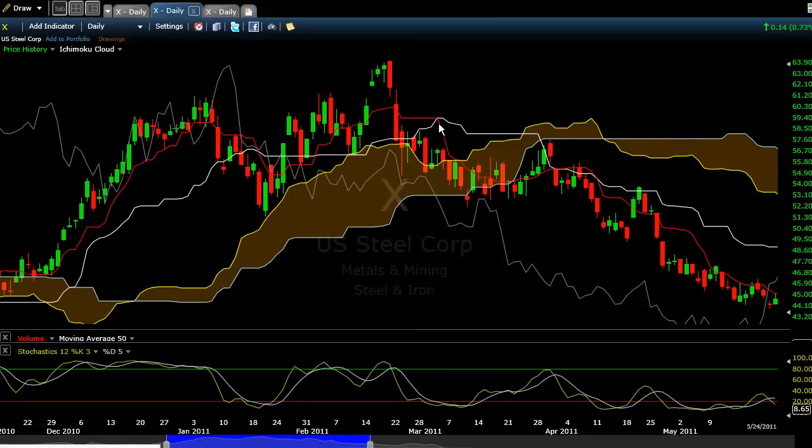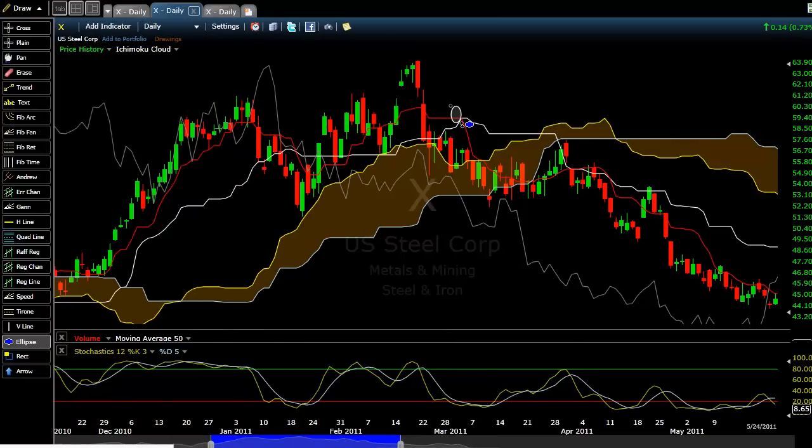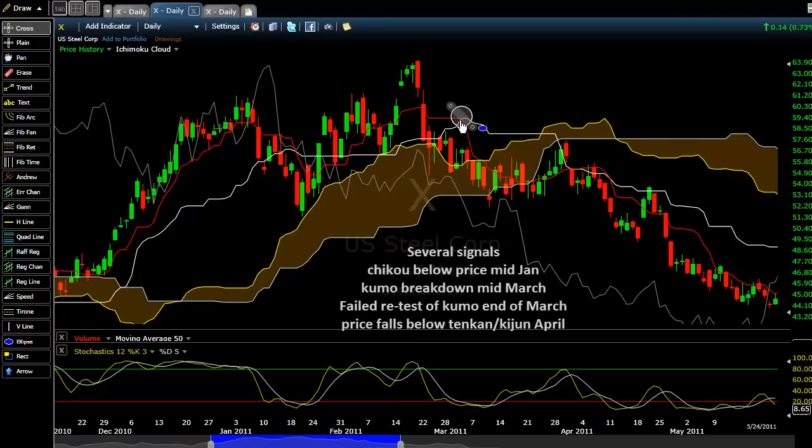And we had a TK cross right here, okay, which is a sell signal. It wasn't a strong sell signal because it's above Kumo, but we had another TK cross here. We also had a Kumo breakdown where we came up, we tested Kumo again, and then we immediately failed.